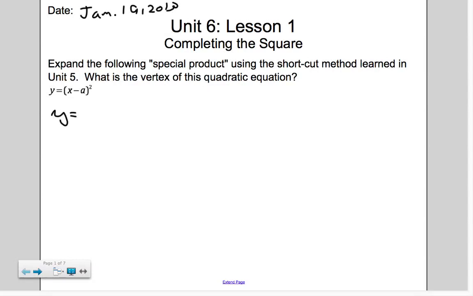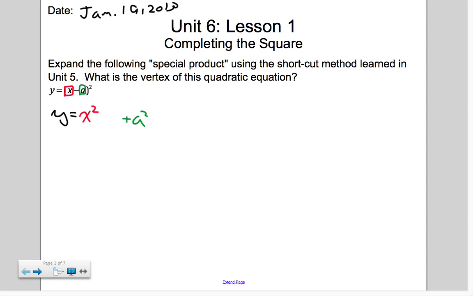So when I expand this, what was my quick way of expanding this? Just squaring it. Right? I take this and I square it, so I get x squared. Then I take this part and I square it, so I get a squared, positive, right?